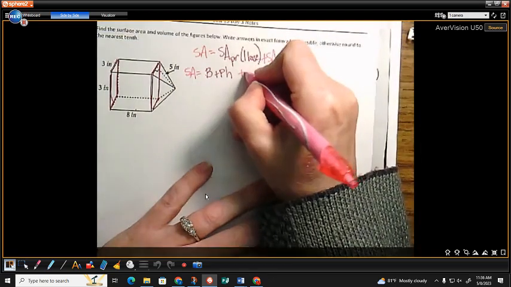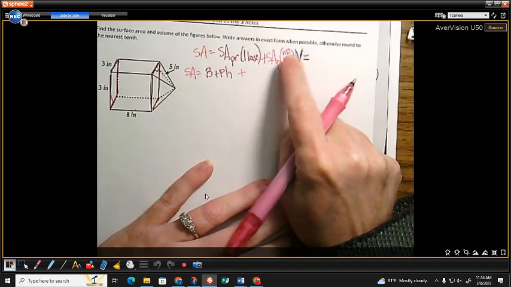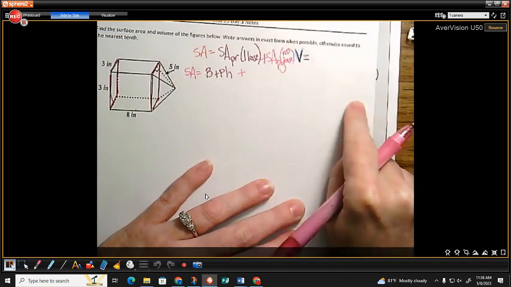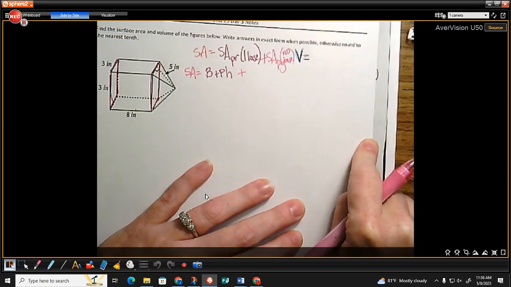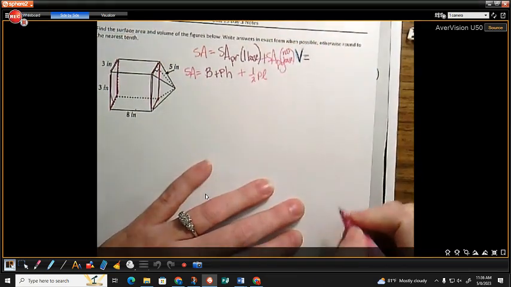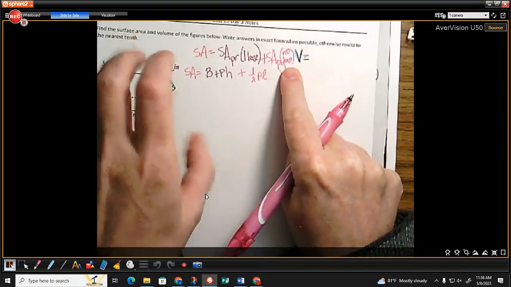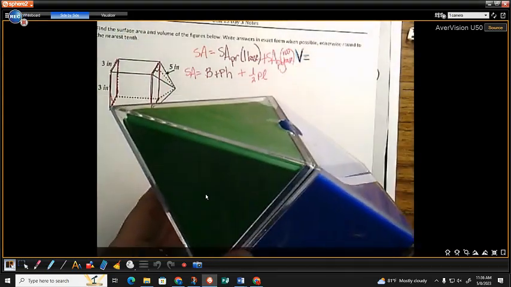And then over here for the pyramid, what will the surface area of a pyramid without the base look like? It'll be the 1/2 PL, but we're not going to do the base because it's buried now inside this goofy looking shape. See, it's hidden in there.